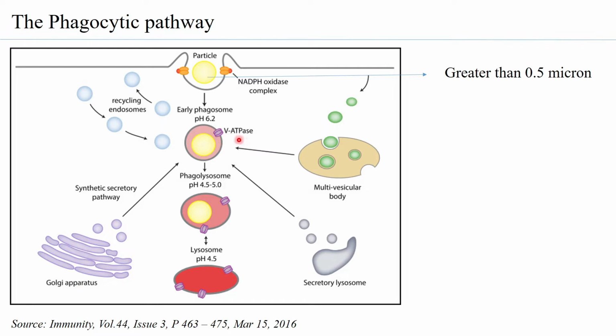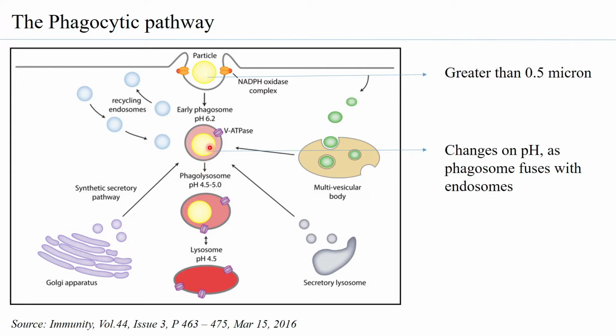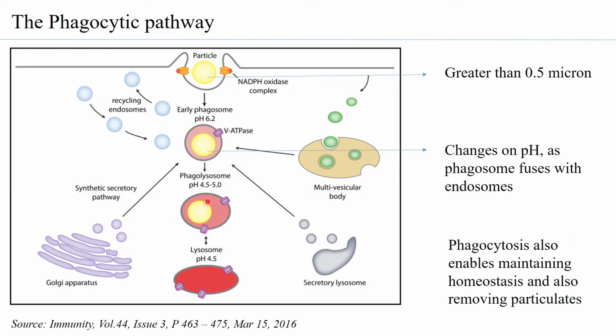This vesicular ATPase, a proton pump, will gradually make the pH within the phagosome lower. So as it combines with the lysosome, its pH decreases, and when the pH comes to a certain level, we all know that the hydrolytic enzymes present within the lysosome are able to degrade the foreign particulate matter.